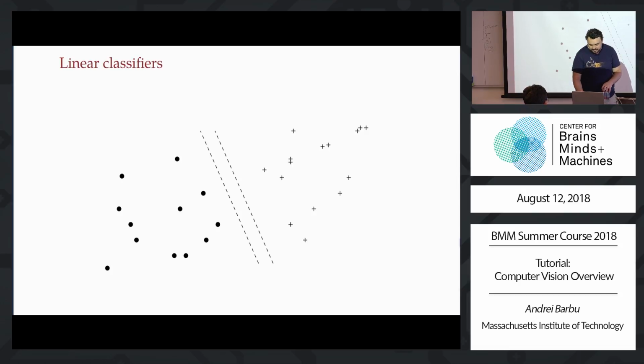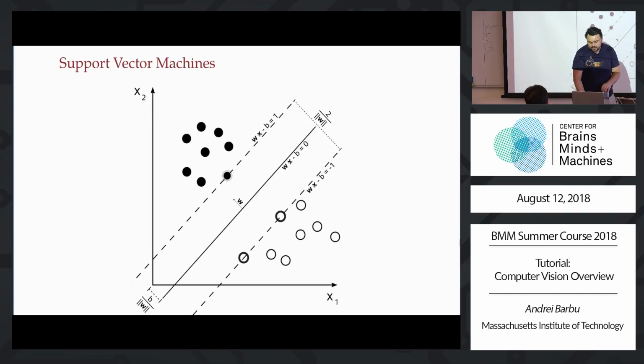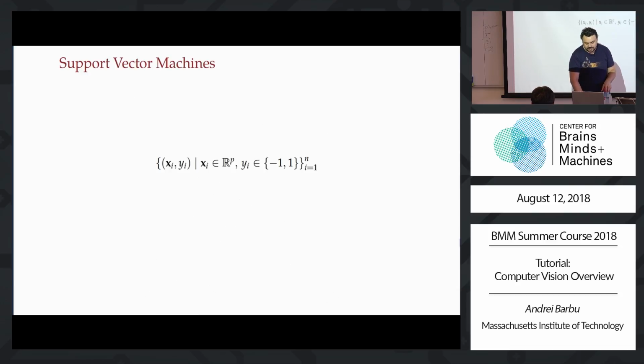It just turns out that one nice straight line is one that has what are called support vectors. These are vectors that try to maximize the distance between this class of points and this class of points. That's where the terminology of SVMs comes from. This is no different than neural networks. A single layer of a neural network is going to do this kind of linear classification. Okay. I won't go into SVMs. You will probably hear more about them in the machine learning day 2 days from now.